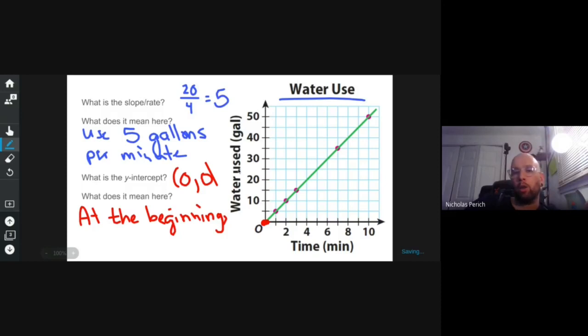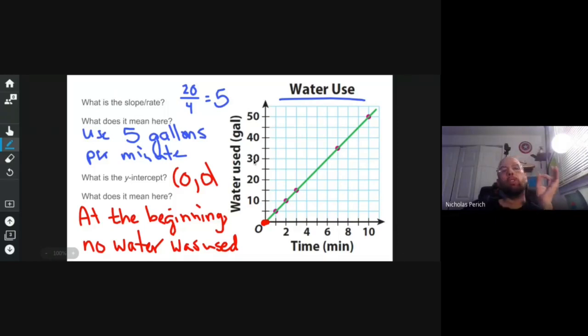My water used is also 0. So at the beginning, no water was used.